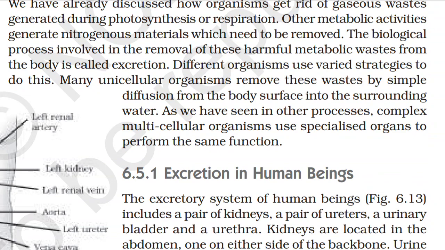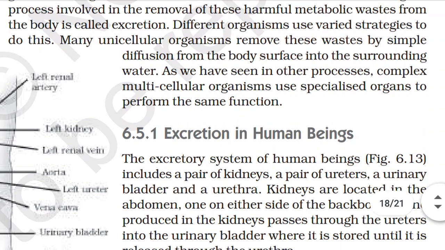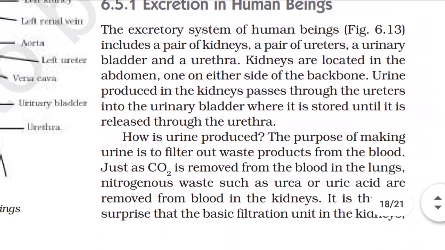Different organisms use varied strategies to do this. Many unicellular organisms remove these wastes by simple diffusion from the body surface into the surrounding water. As we have seen in other processes, complex multicellular organisms use specialized organs to perform the same function.